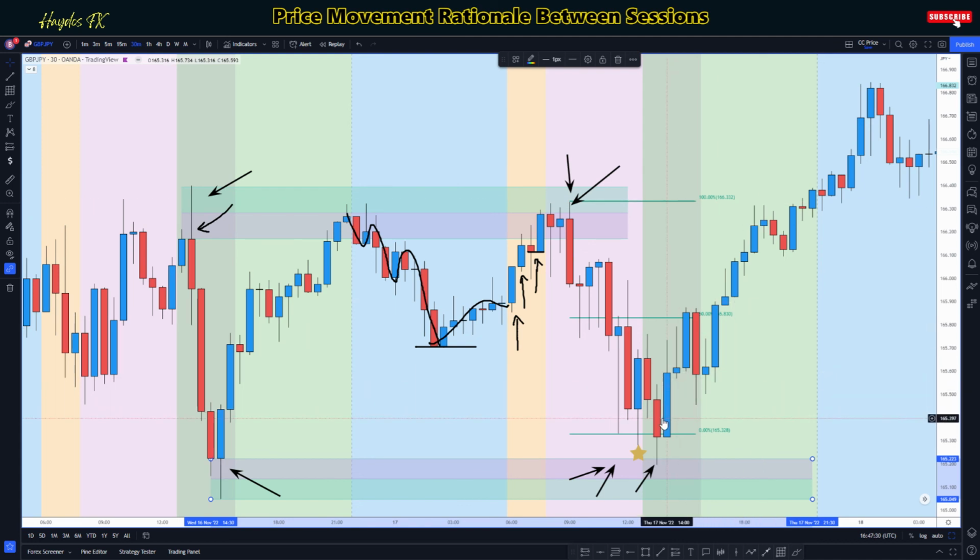So in this case, if the American session ended their day up here, and over the course of the day price pushed down in the Asian session, pulled back in Euro, and pushed down heavily in the London session, in the American session are they just going to keep pushing down lower? Unless there's a news event or something heavy, yeah, maybe they will.